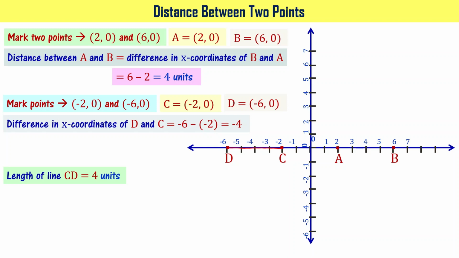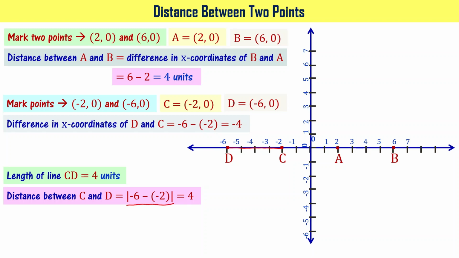So what we would be doing now is, we would express the distance between C and D in an operator called modulus operator. That is, here if you observe this, I have put minus 6 minus of minus 2 in between two vertical lines, right? Those vertical lines are called modulus operator.